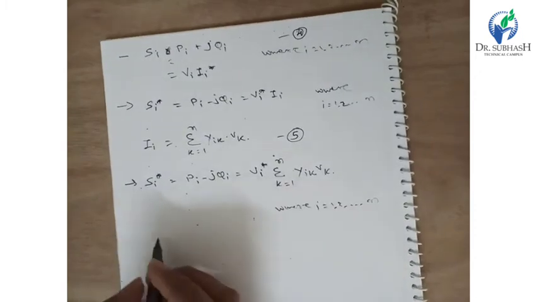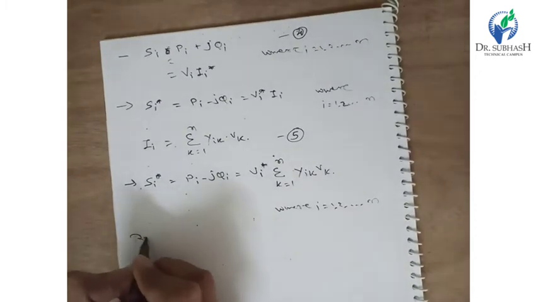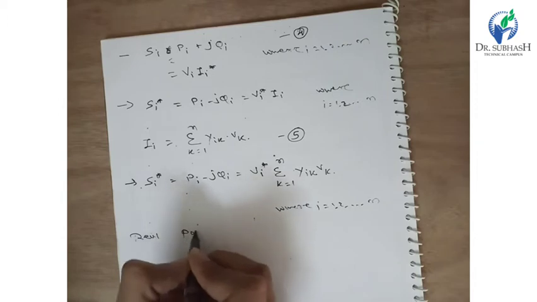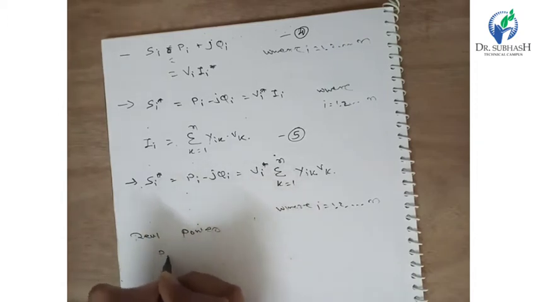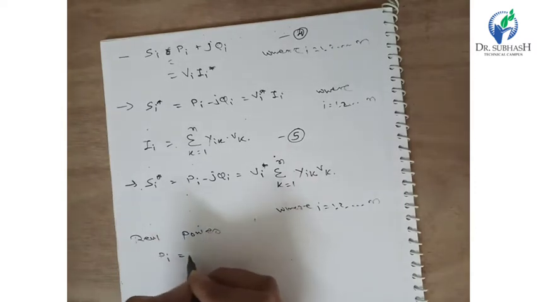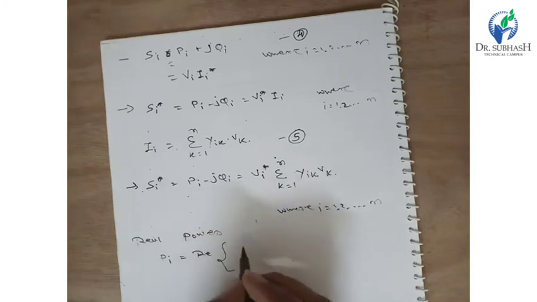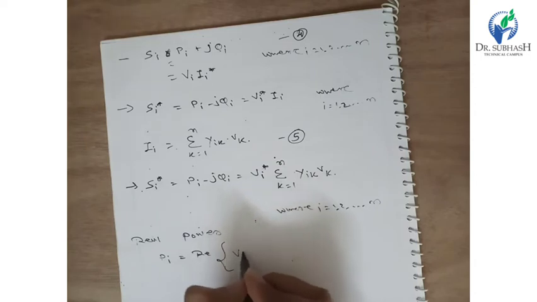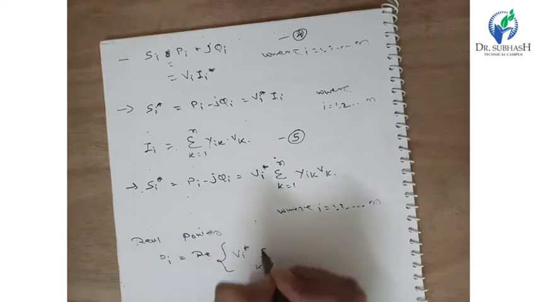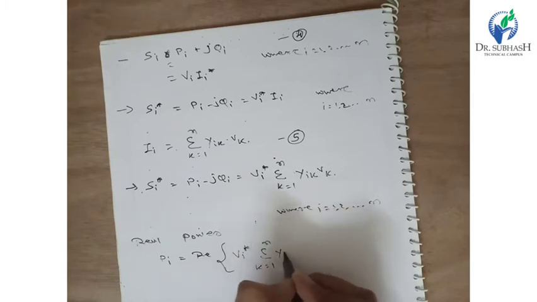For the real power Pi, Pi is equal to Re, the short form of real, of Vi conjugate times the sum over k equal to 1 up to n of Yik into Vk.